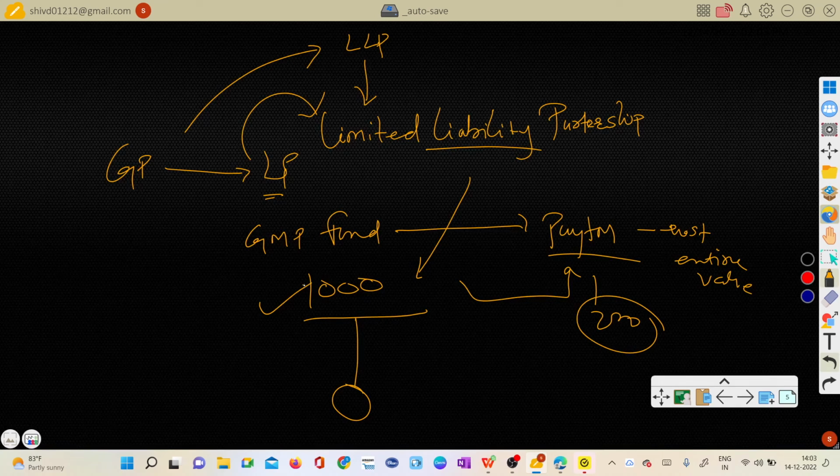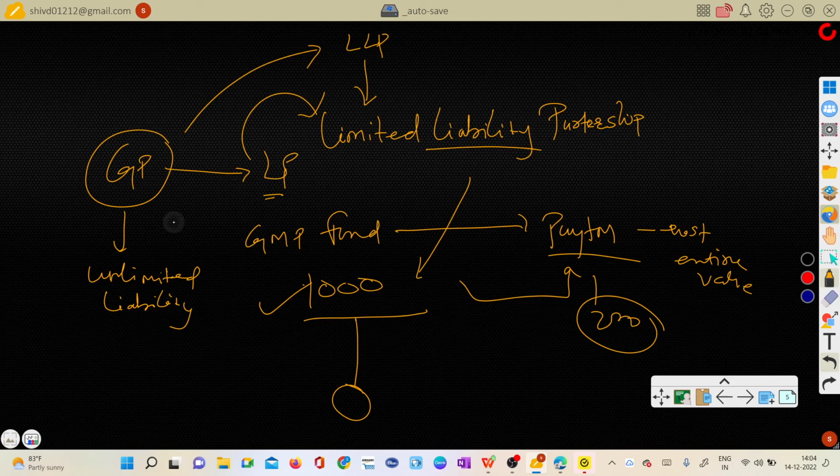Not like in terms of the general partners. General partners have a different setup, right? They come with unlimited liability. In terms of government taxes, penalties, legal fees, all will be taken care of by the general partner. So that's what happens in this business.